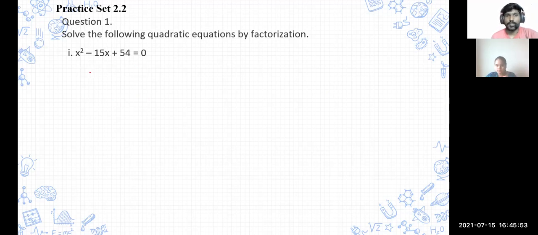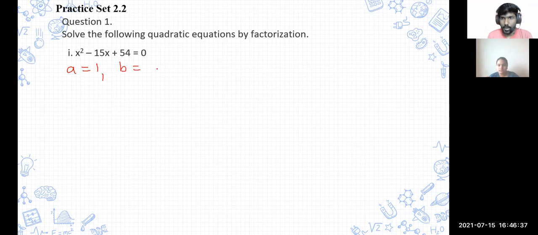Okay. So the first question is x square minus 15x plus 54 is equal to 0. You have to find the solution of this quadratic equation. Note one thing, I'll repeat this again and again. First, it will be better if you find out A, B, and C. Always, whenever you're solving a quadratic, A is 1, B is minus 15, and C is 54.